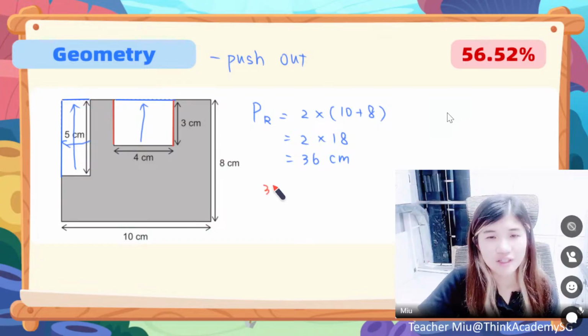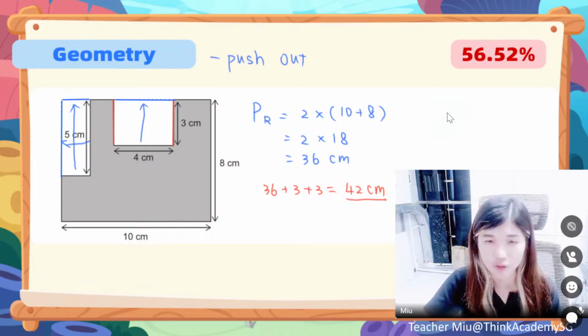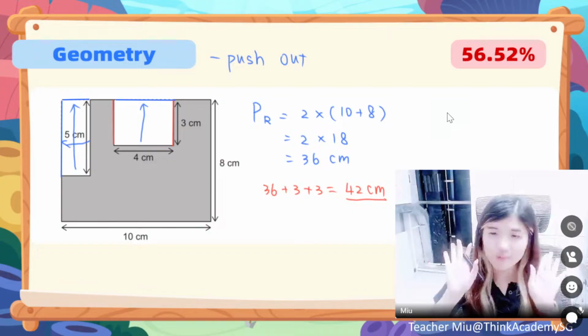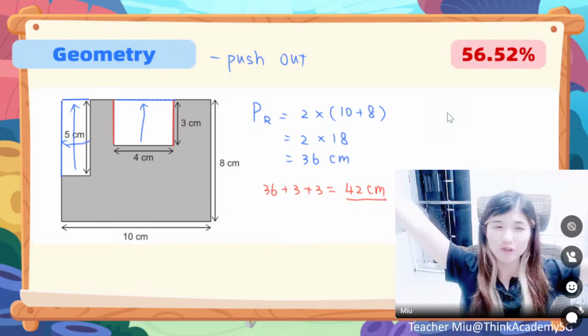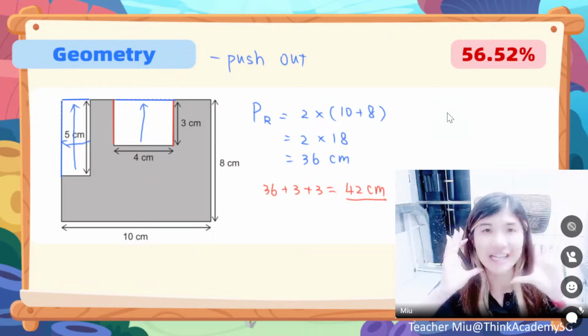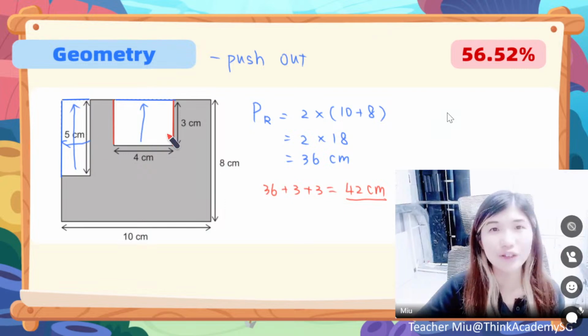So you still need to add them in, which is 3 at the left and 3 more at the right, which is 6 more. That is 42 centimeters. That's how you come to the answer, 42. So for an irregular shape, you can just push it out to find out. But don't forget, once you push out, you need to notice some lines you didn't push, just like these 2 lines inside. Don't forget about that.